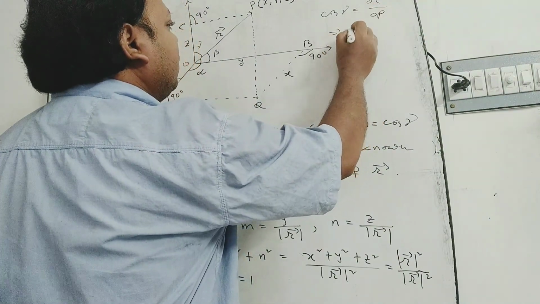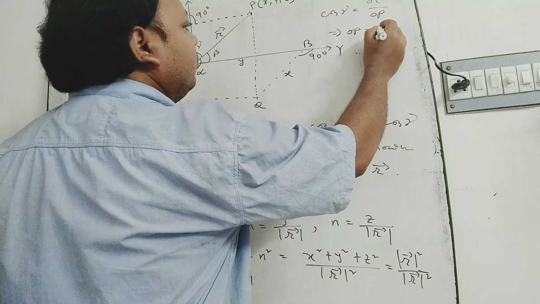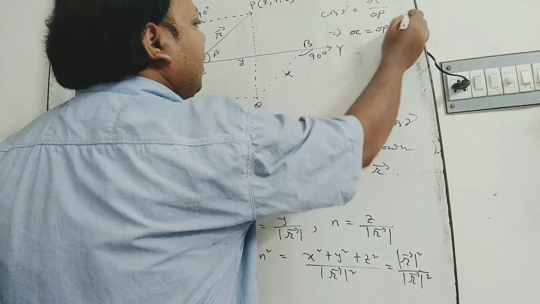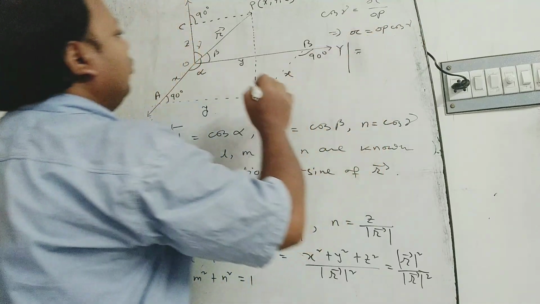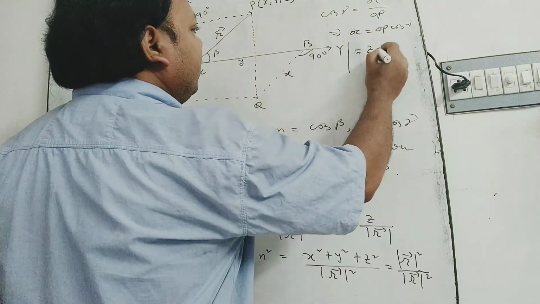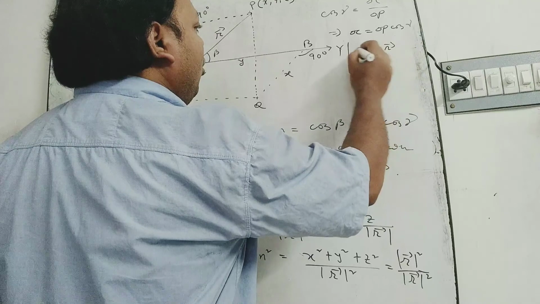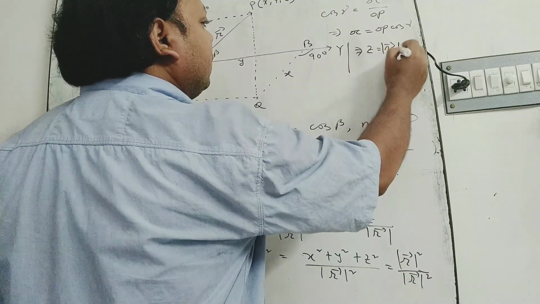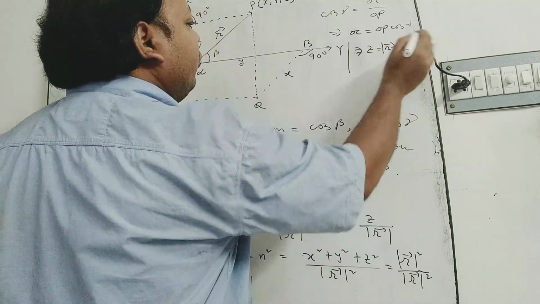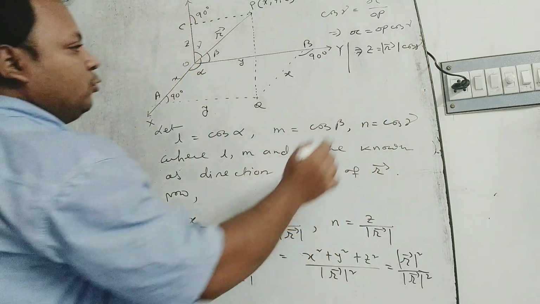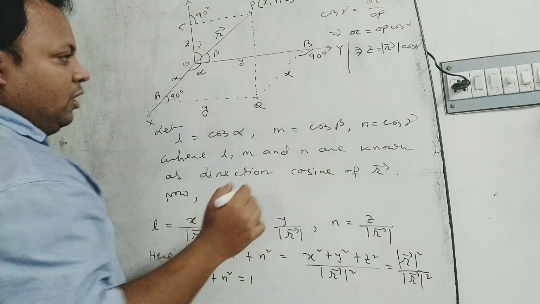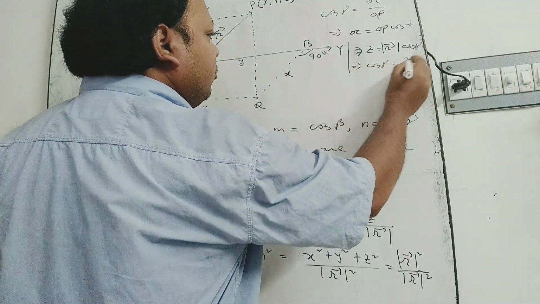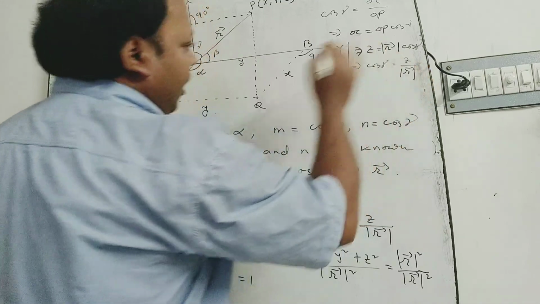This gives OC is equal to OP into cos gamma. We know that OC is equal to z, therefore z is equal to mod of r into cos gamma, or cos gamma is equal to z by mod of r.